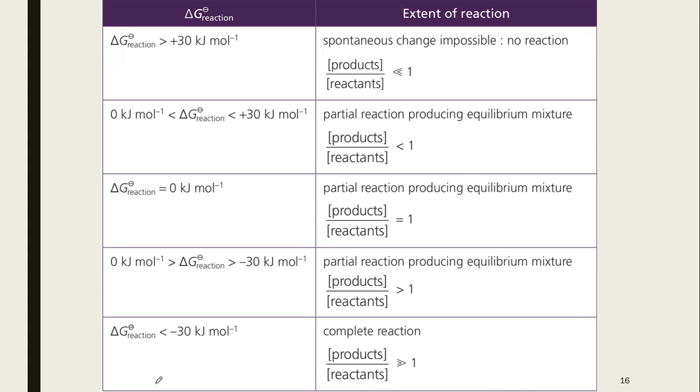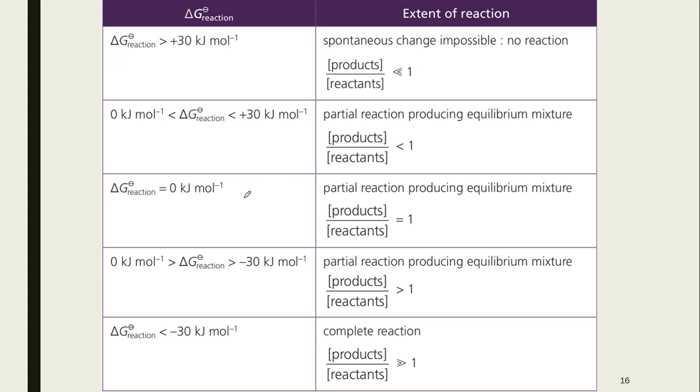Here's a table that sums up how Gibbs free energy and equilibrium are related. I'm going to start at the bottom, where delta G was much smaller than negative 30. That means we had a complete reaction and all of our reactants turned to products. If it was between 0 and negative 30, it's a partial reaction producing an equilibrium mixture.